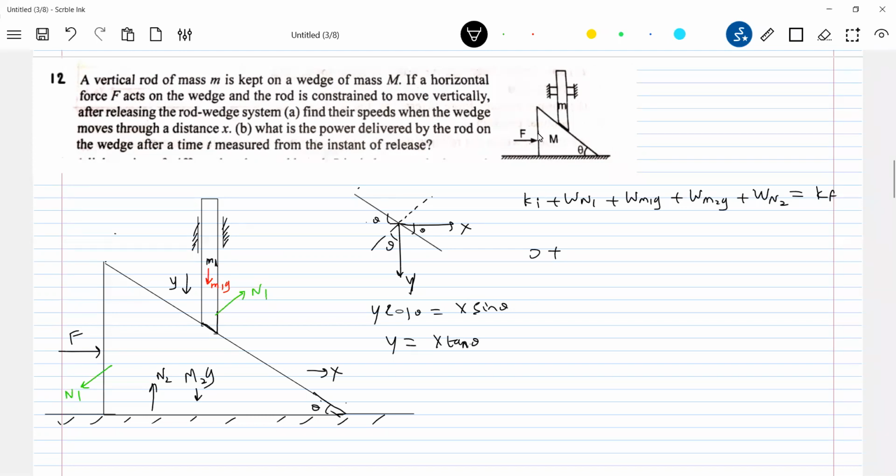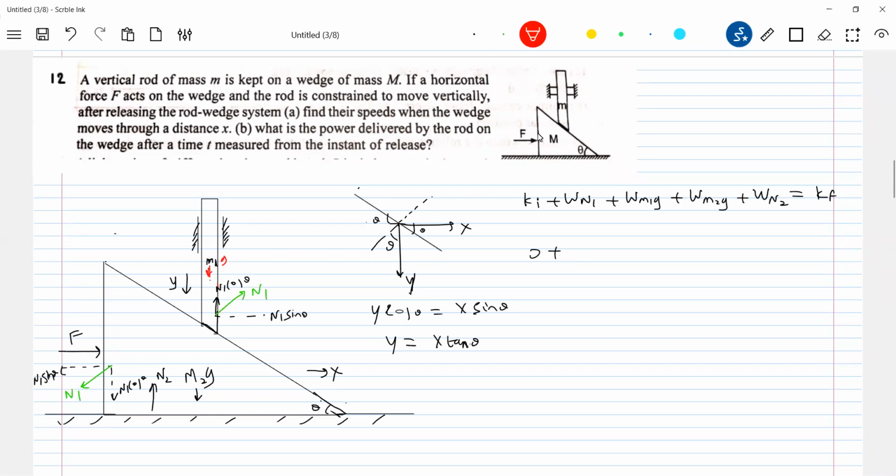How to judge this? Here the components of the normal reaction will act: N1 sine theta will act on the wedge, no? If you resolve this, here N1 sine theta and here N1 cos theta. I'm showing M1G like this.